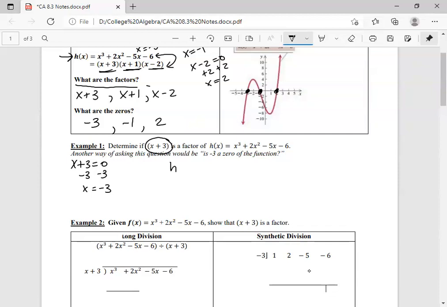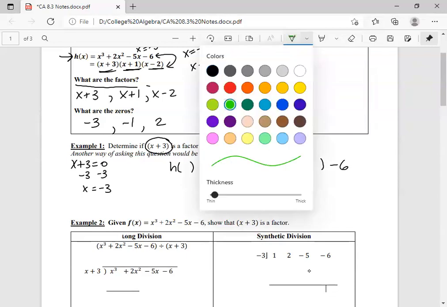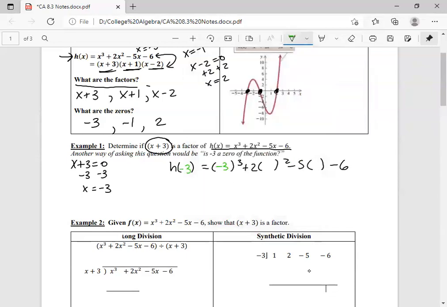And then if you go in the polynomial function, every time you see an x, you plug in a -3. For the answer, if you get 0, because it's supposed to be an x-intercept, which is a 0, then it is a factor. If you don't get 0, it's not a factor.